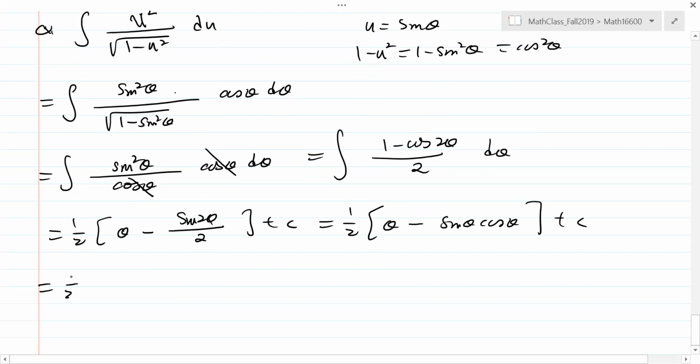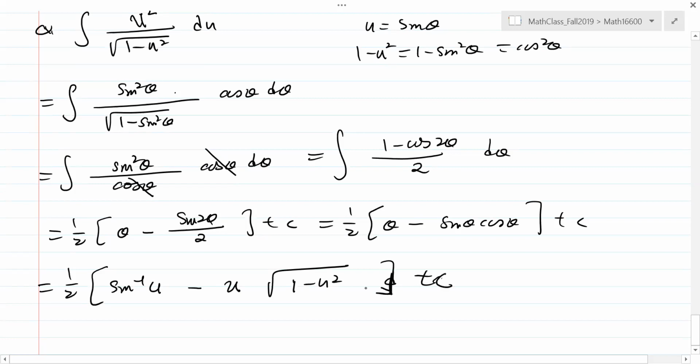So my answer here is going to be x sine inverse u, minus u times the square root of 1 minus u squared, plus constant. This is a cosine theta. This is sine theta. This is the theta.